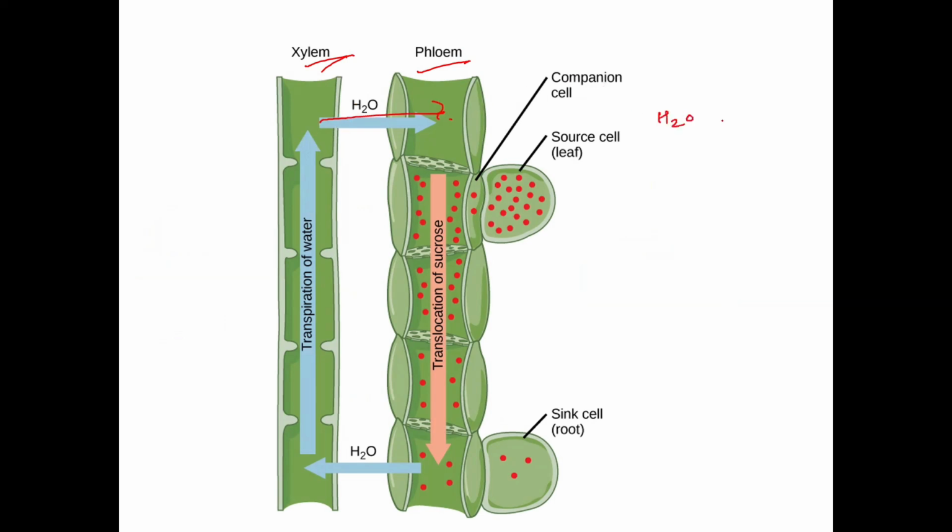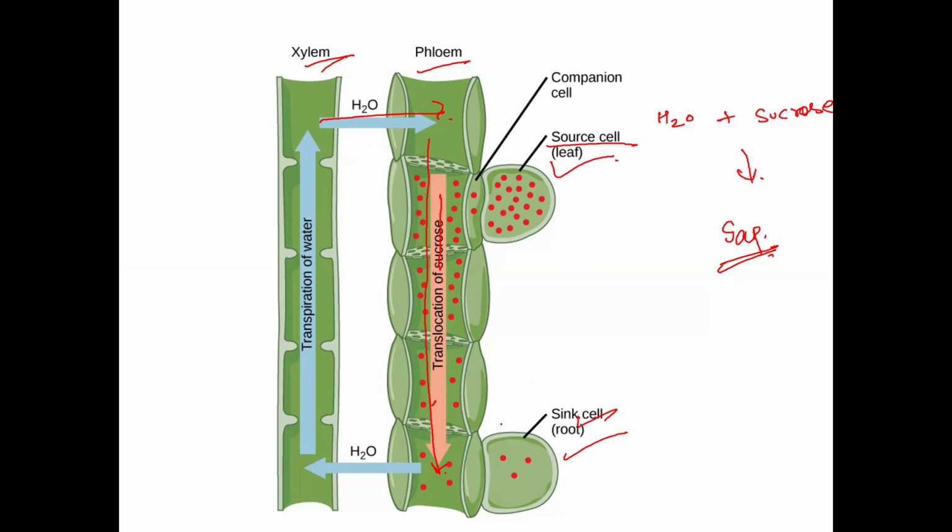Water mixed with sucrose is called plant sap. Basically, the nutrients dissolved in the water are loaded and transported to the upper and lower parts of the plant. The leaf is the source, the sink is the root, and through the phloem tissue it moves up and downward.